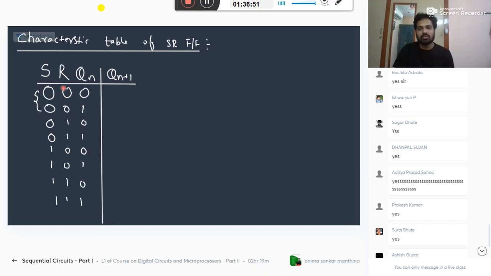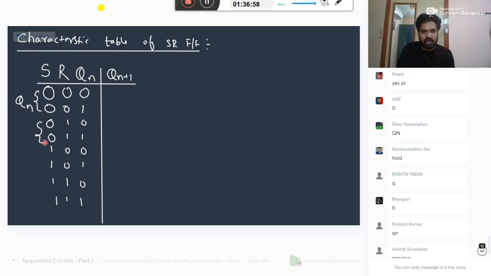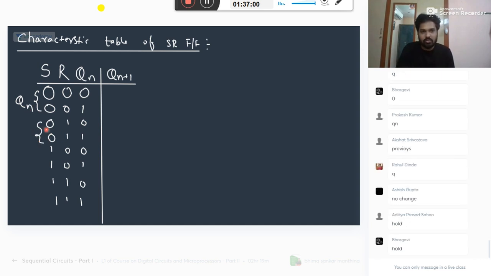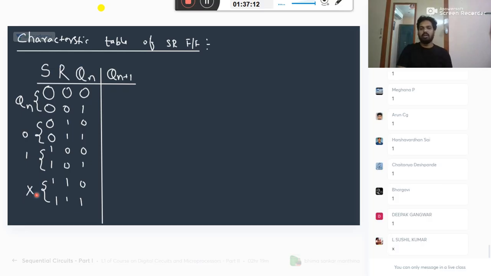When SR is 0 0, very good. What happened, Asif? Qn. Similarly for 0 1, forget about Qn. For 0 1, what is the output? For 1 0, what is the output? For 1 1, it is invalid. Everybody understand this. Now characteristic table is very smooth for you.